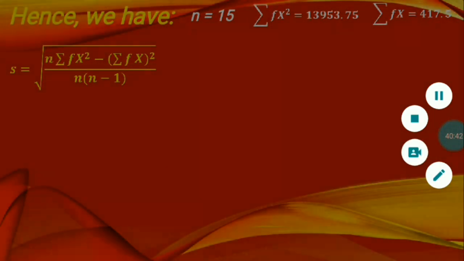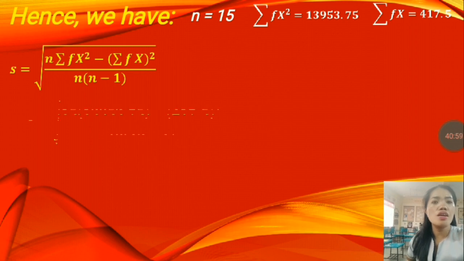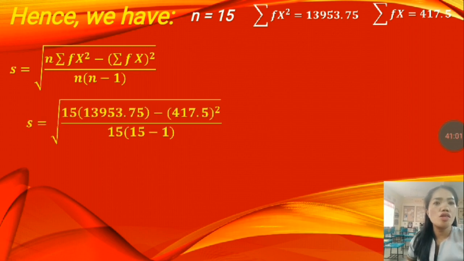Okay. Next, since we already have the values, we are going to go back to the formula for our second method in solving for the sample standard deviation for group data. This is the other method without solving for the mean. Okay, so we substitute the values. Our n, or sample size, or number of cases, is 15.